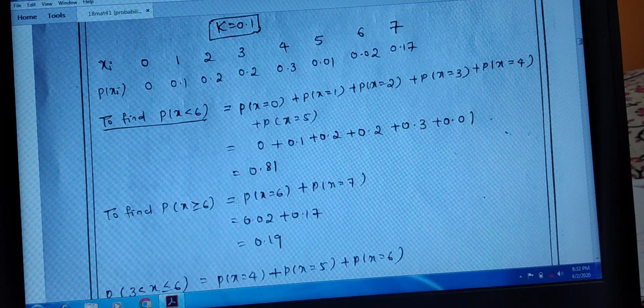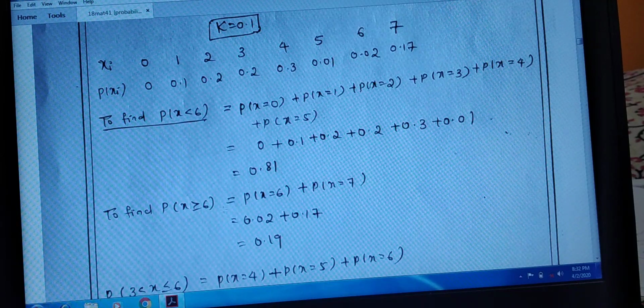You have to take the numbers from 6, including 6, and the numbers greater than 6. Here we have only one number which is greater than 6, that is only 7. So you have to take both these two numbers because we have the inequality greater than or equal to 6, that is, the number which is greater than 6 is probability of x equals 7.